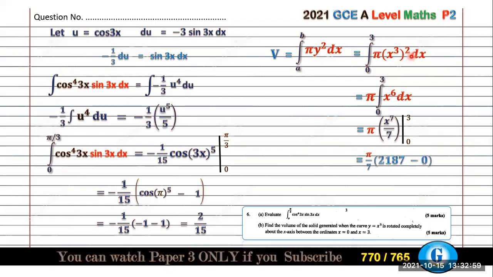And this will give us pi on 7 into 3 to the power 7, which is 2187, minus 0 to the power 7, which is 0. So this gives us 2187 pi on 7. So that's the volume of the solid, and we have this volume in cubic units. The volume of the solid of revolution about the x-axis from x equals 0 to x equals 3 of the curve y equals x cubed.